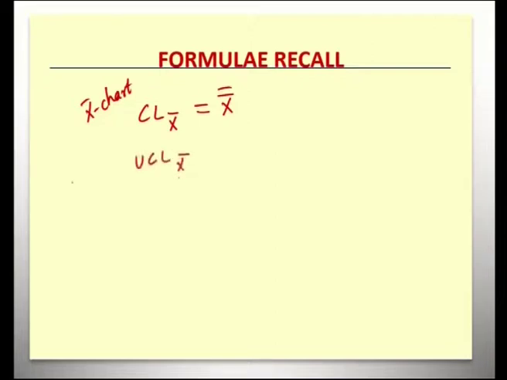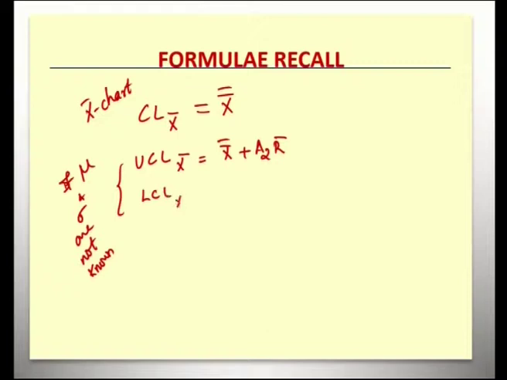If mu and sigma are not known, using range, UCL of x bar is x bar bar plus a2 into r bar, and LCL of x bar is x bar bar minus a2 into r bar.